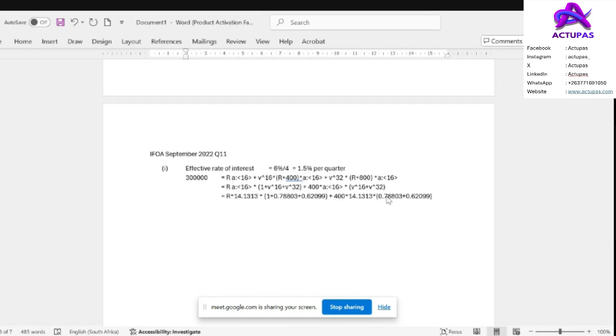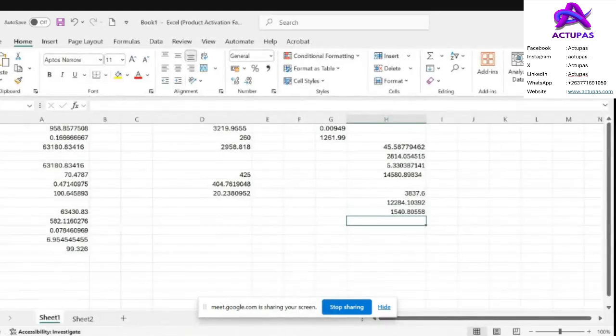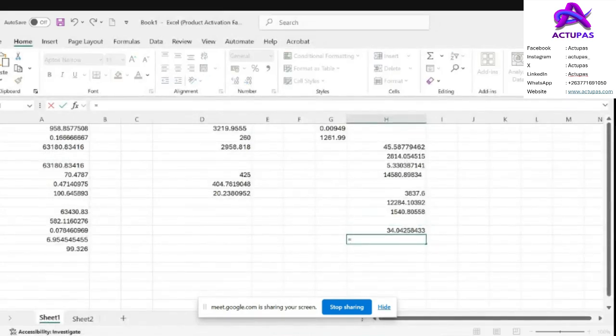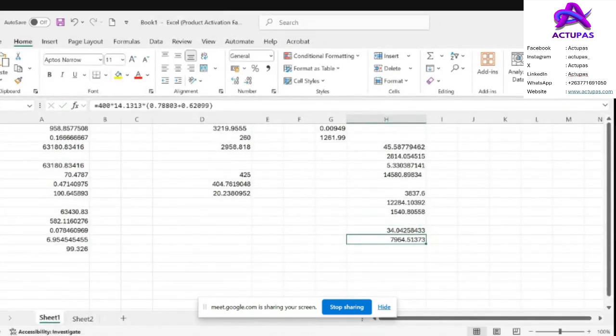And so this becomes equal to R times this part. So we can take this part here, put it in Excel, 34.04. So this would be 34.04R plus this other part here. This is equal to that 7964.